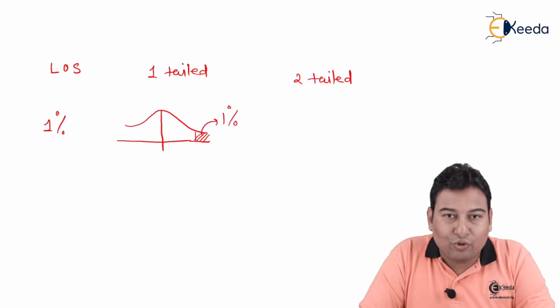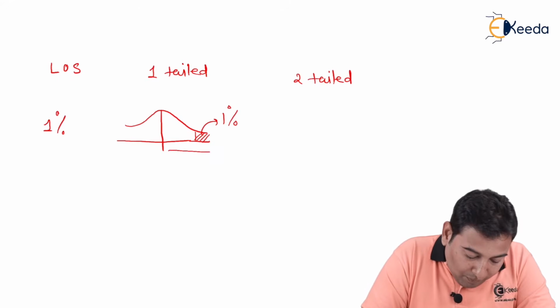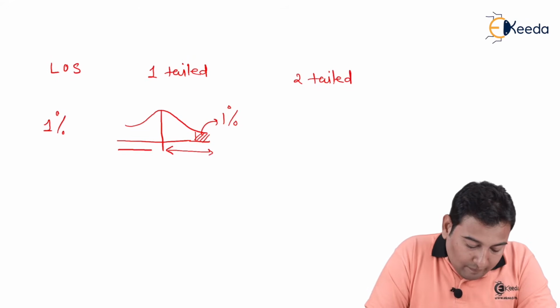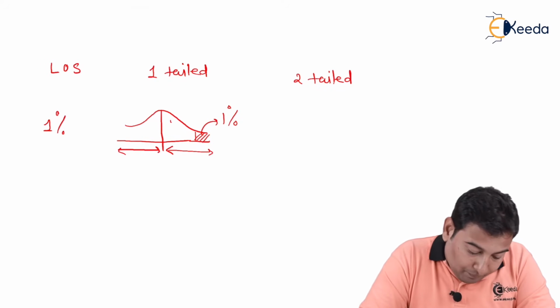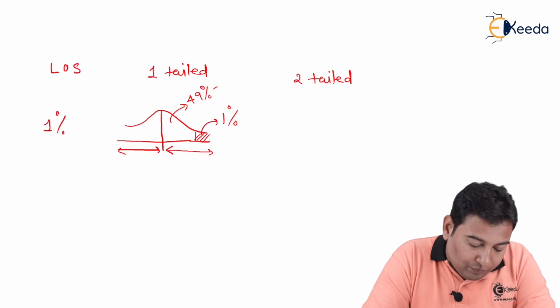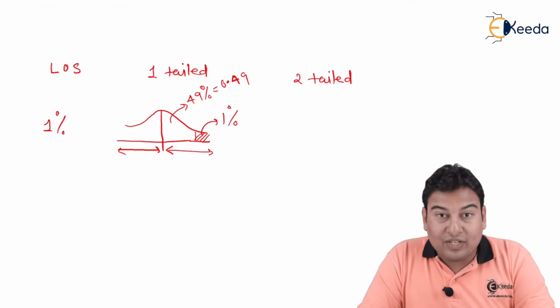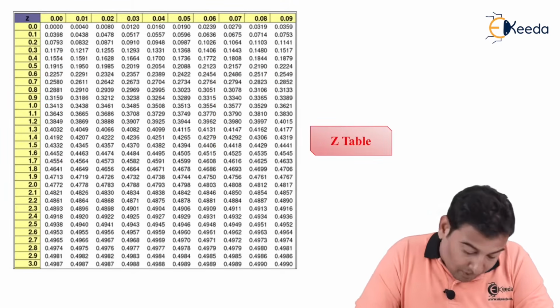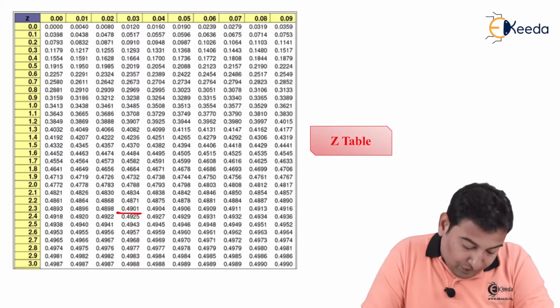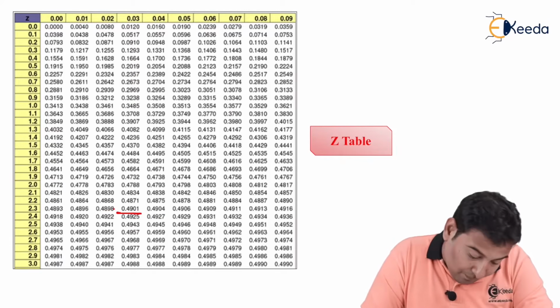This is your normal distribution curve. This is your 50% portion, and this is your 50% portion. So 1% removed, that means you are left with 49%, that is 0.49. We'll go to the Z table and find where exactly 0.49 is. See here, this is 0.49 in the table.